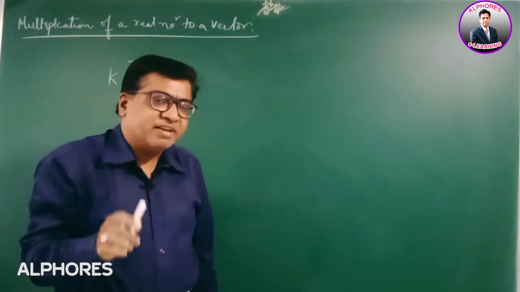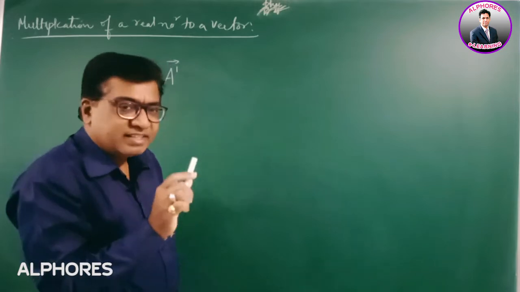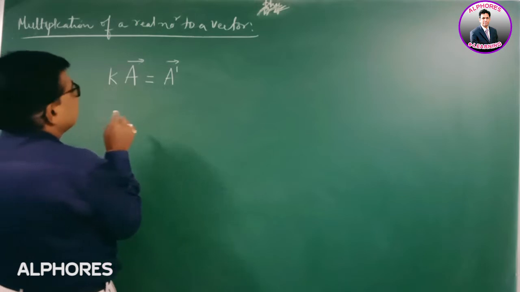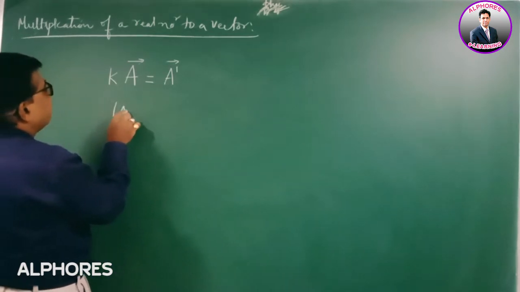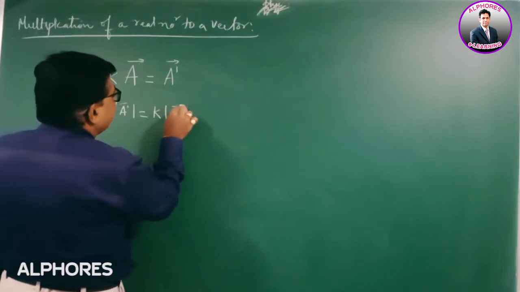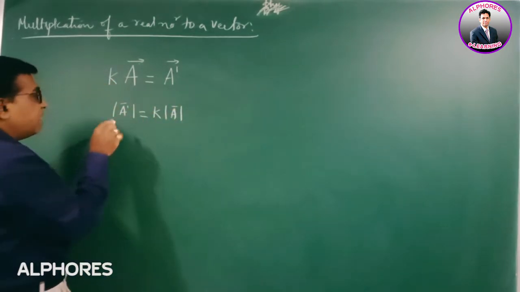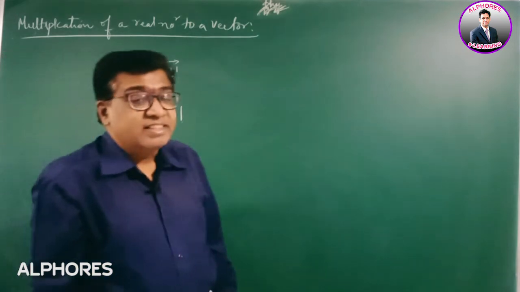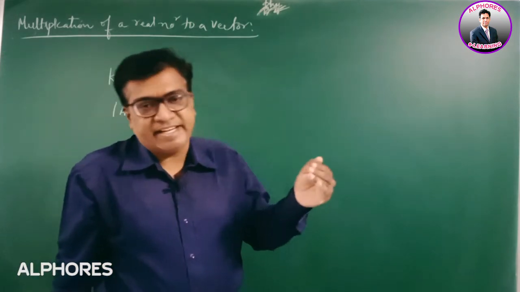Whenever you multiply a vector with a real number, this yields another vector a dash bar, such that the magnitude of a dash bar is k times the magnitude of a. That is, its magnitude changes k times.